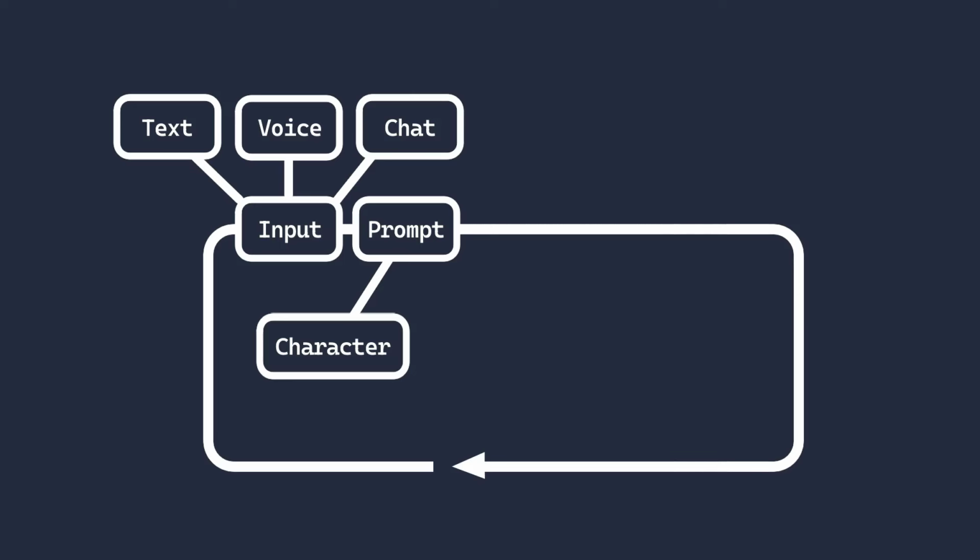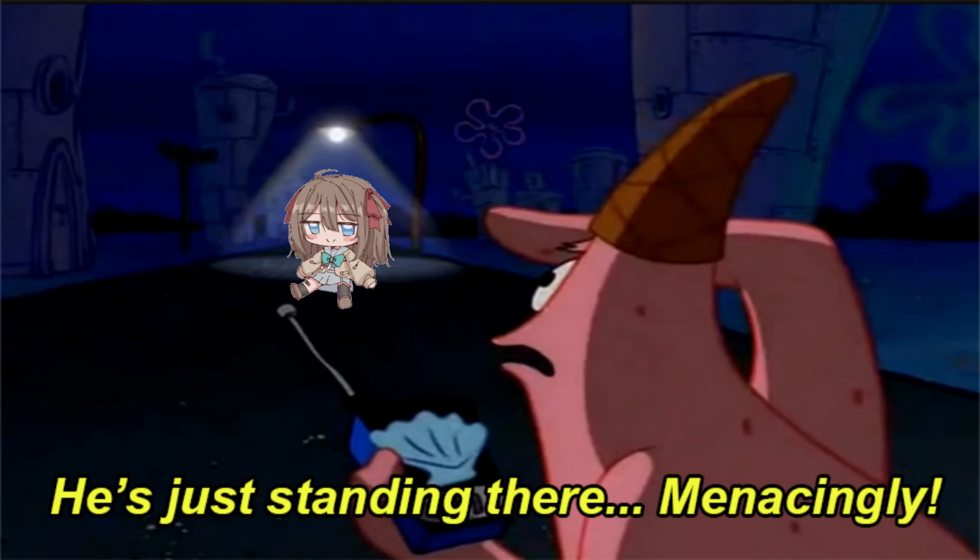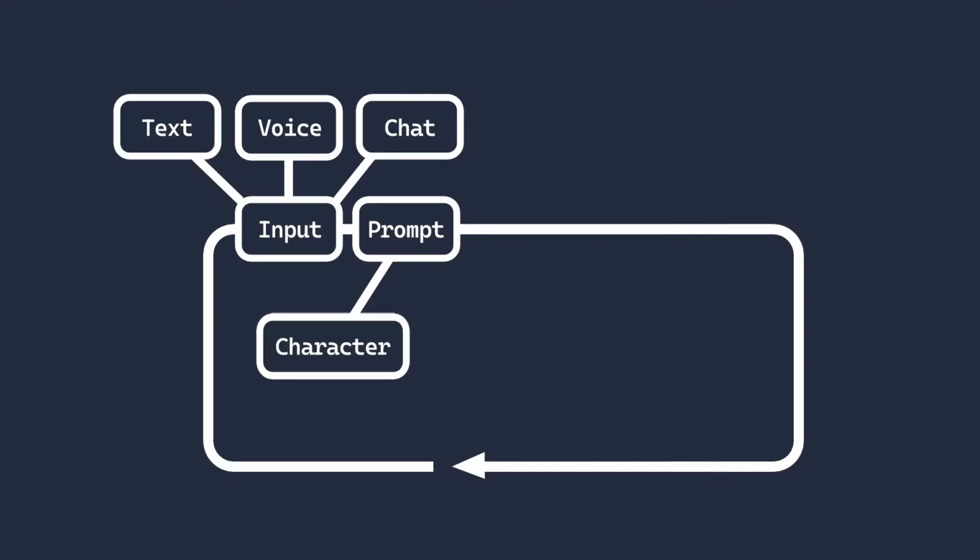Now, let me ask you a question. What would happen if there was no new user input and no new live message? Well, the AI would just sit there without saying a word. While it might be desirable in certain scenarios, I believe an AI Vtuber should be able to engage its audience, even if the audience is not talkative to begin with.